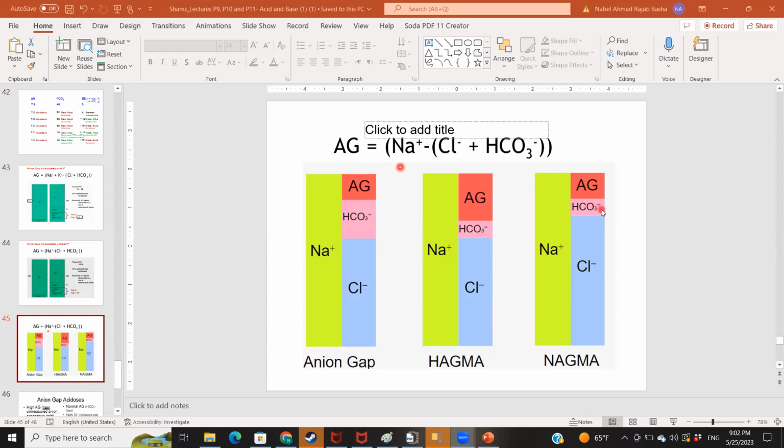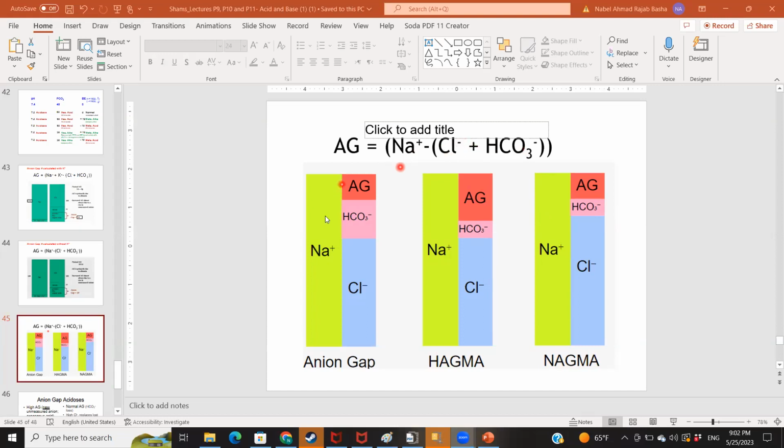And to maintain the negative charge in the body, to maintain electron neutrality, chloride in turn will increase to compensate for the decrease in the negative charge. So we maintain electron neutrality. Now, if you apply this to the equation, sodium here is the same as sodium here.